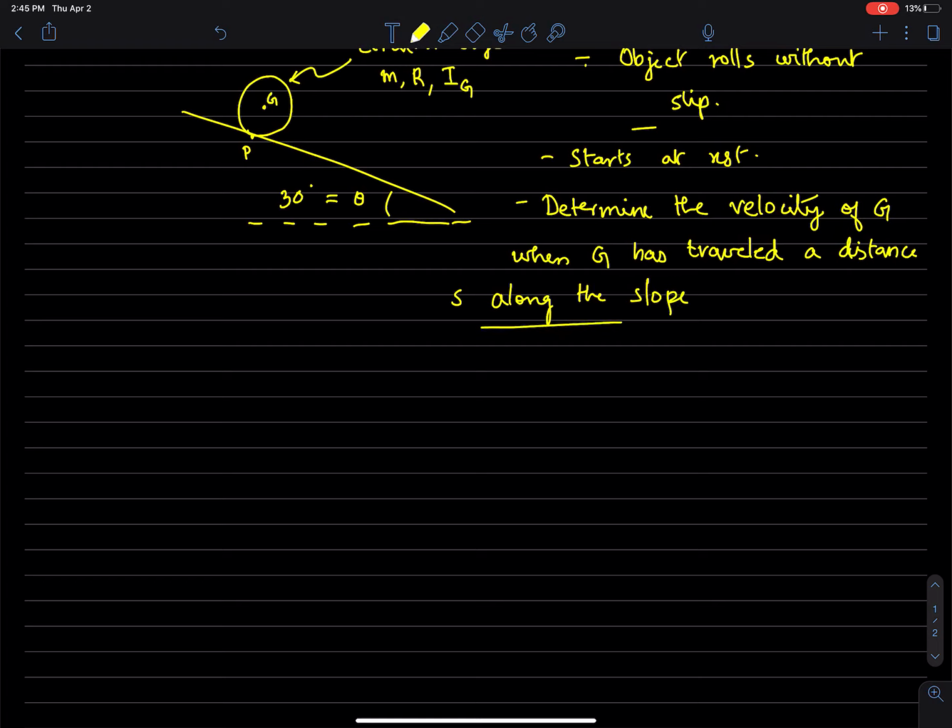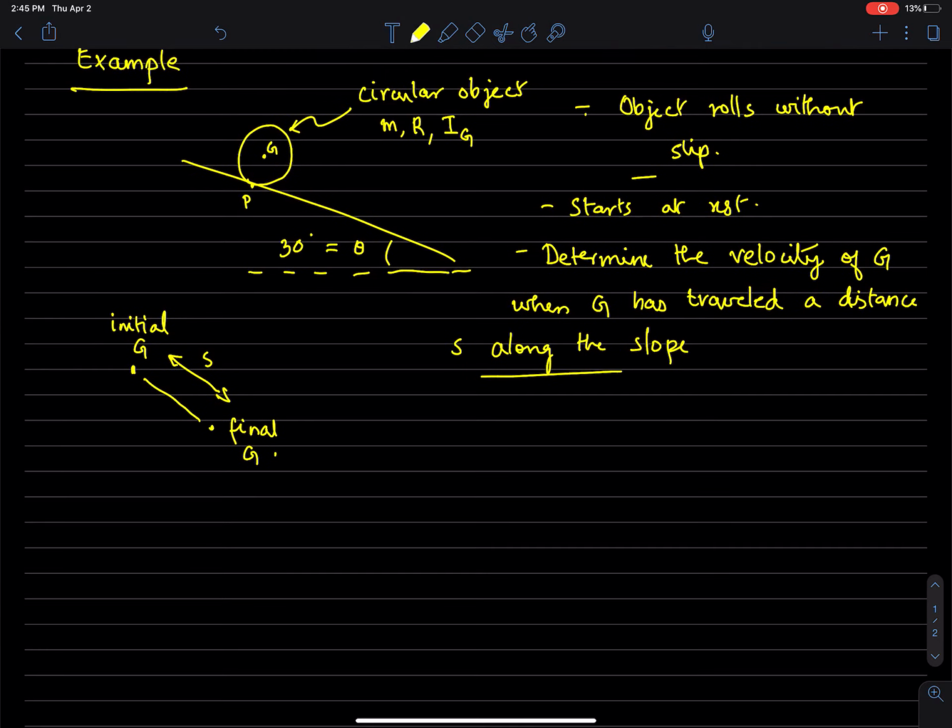Okay, so we've got initial G, and then it's gone down the slope by some distance s. This is initial, and this is final G, or something like that.